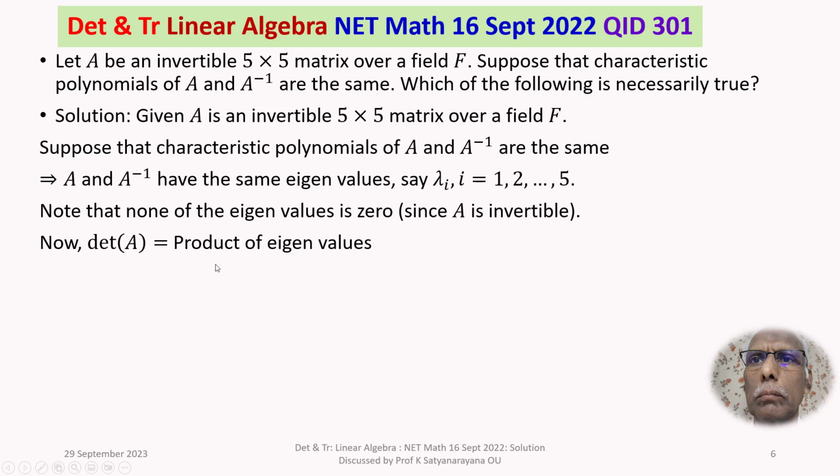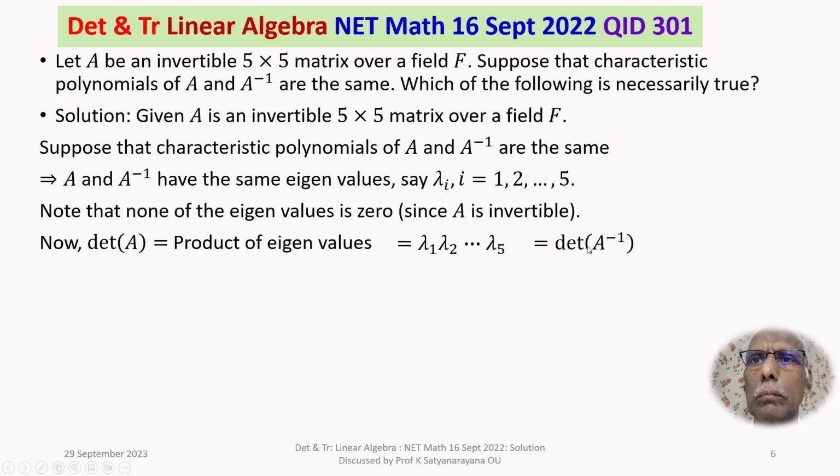Then the determinant of A is equal to the product of the eigenvalues, that is lambda 1 multiplied by lambda 2, lambda 3, lambda 4, lambda 5. But lambda i's, i equal to 1, 2, 3 up to 5, are also eigenvalues of A inverse. The product of these eigenvalues is also equal to the determinant of A inverse.